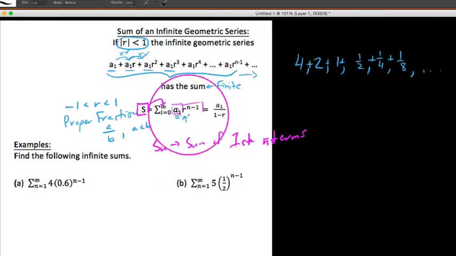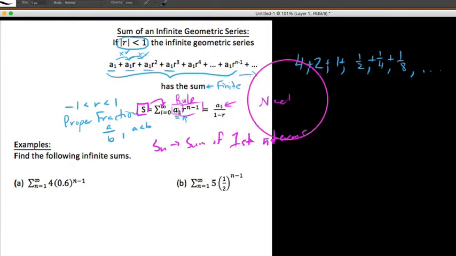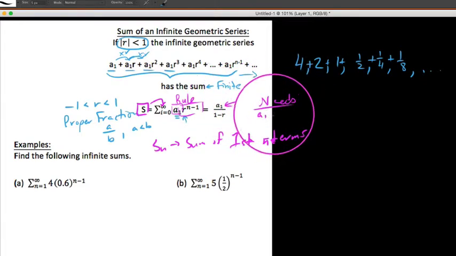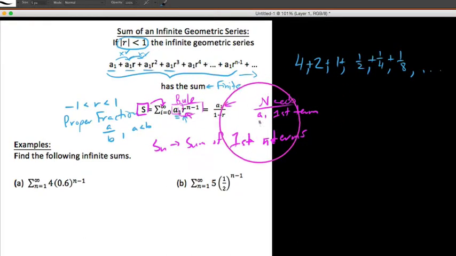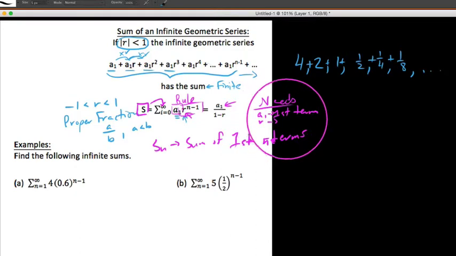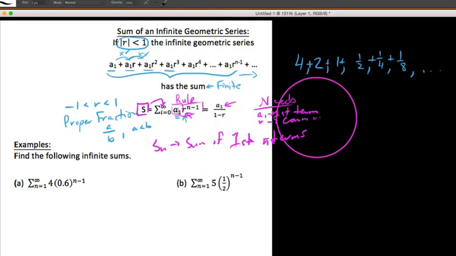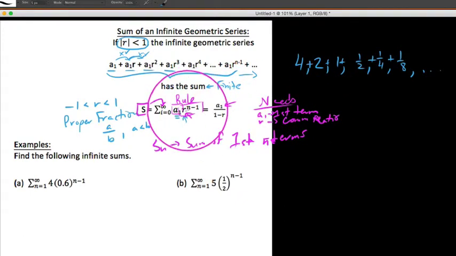If that is our rule, then we need to know these things. We need a1, the first term, and we also need r, the common ratio. And you notice we do not need the number of terms that we're summing this time because it's very, very general, all right?